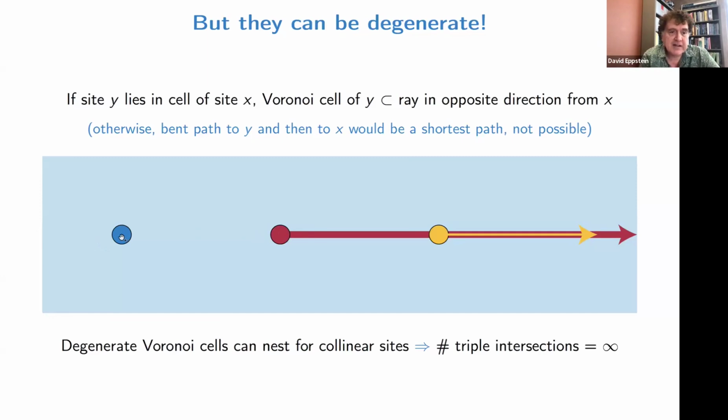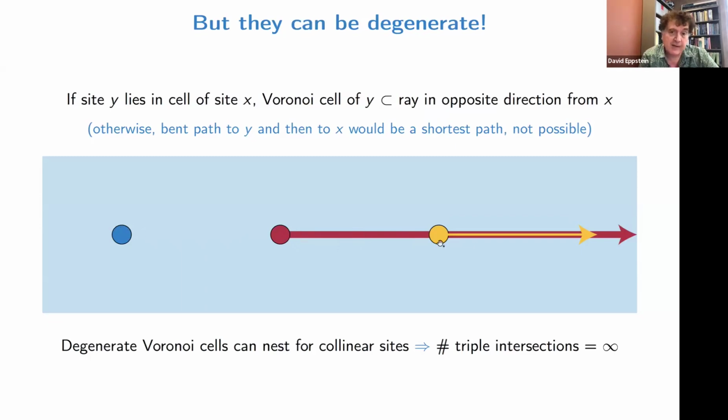It might be the case that it is tied with this blue point, for both of them being equal closest neighbors to this red site. And when that happens, what you get is a Voronoi cell for the red site that forms a ray extending away from the blue site. All of these points on this ray are equidistant from the red and the blue site.